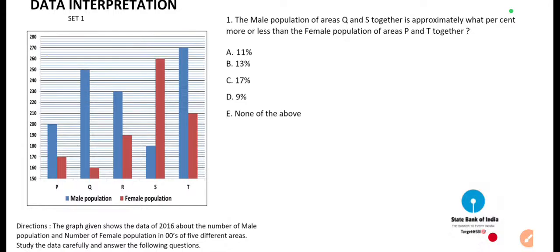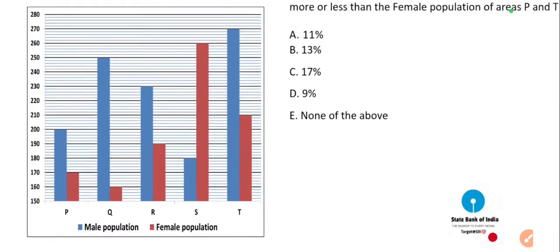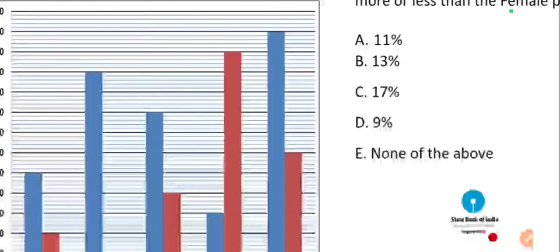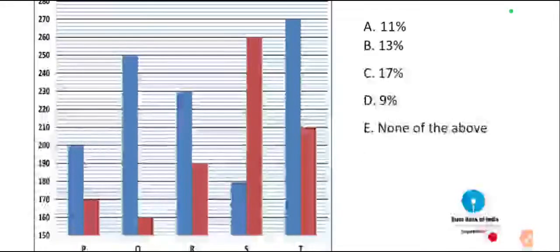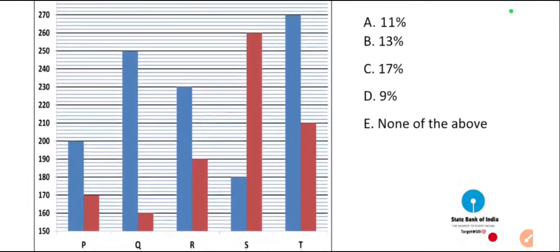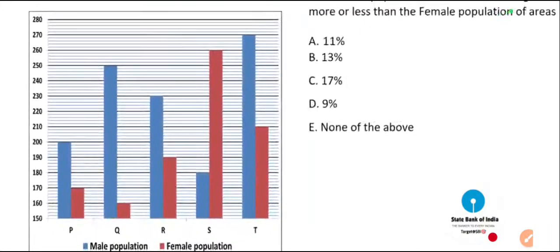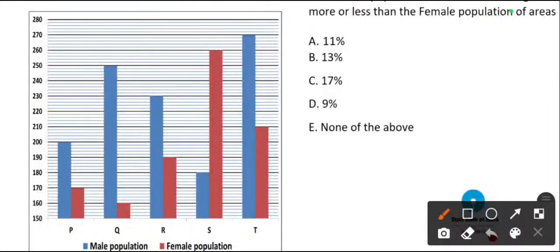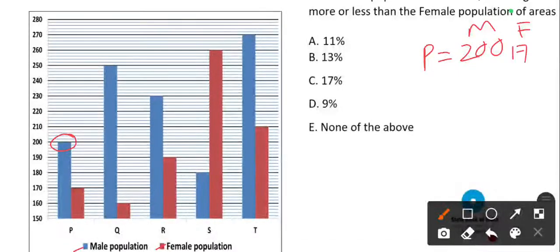Okay, so first we need to note the table data. Please try to note the data of the table. Now is it visible? Male population is blue and female population is red. In P it is 200 male, female is 170.